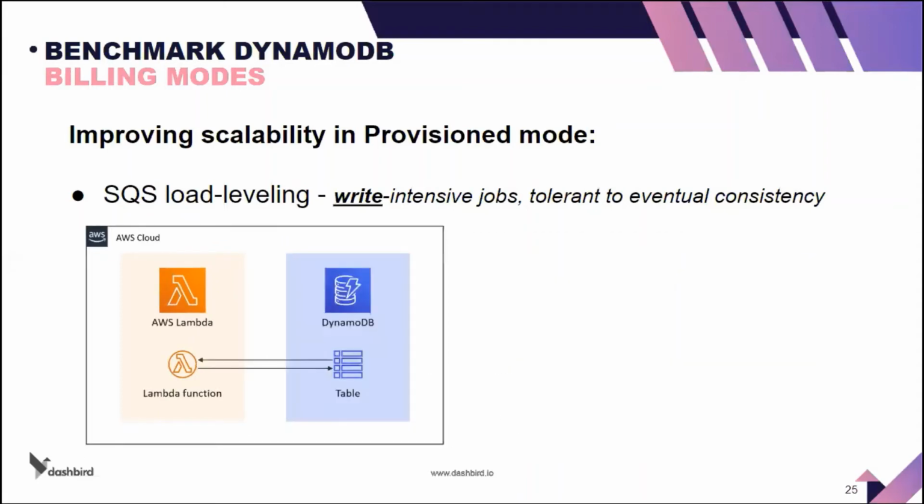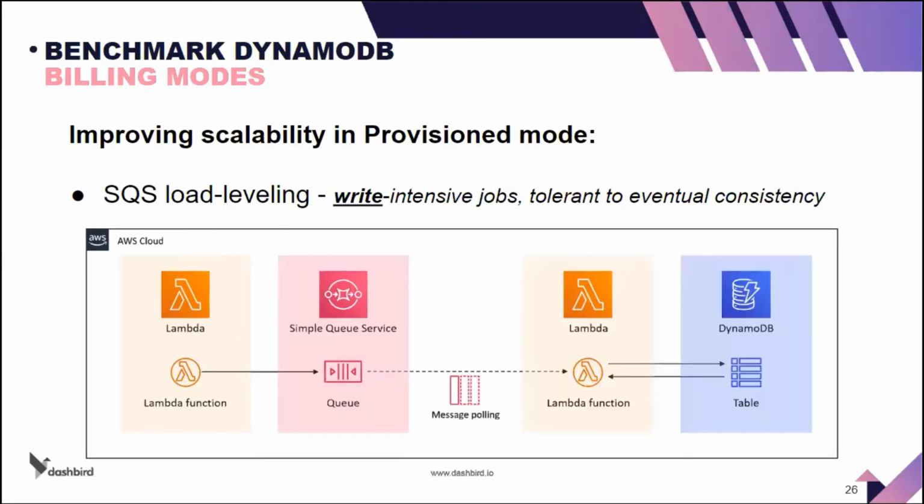Instead of having a Lambda function directly connected to a DynamoDB table, which would create uncertainty over how many resources we need to allocate on the table in provisioned mode, what we could do is have the initial Lambda function connected to an SQS queue, which is highly scalable and fully serverless. Then the queue can be polled by a secondary Lambda.